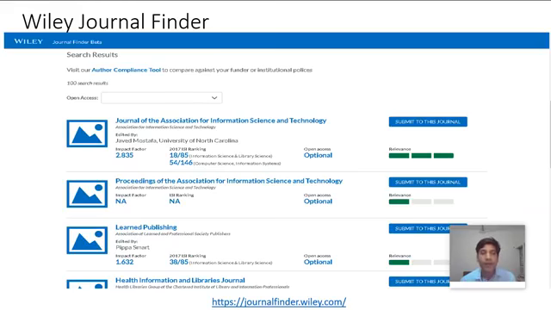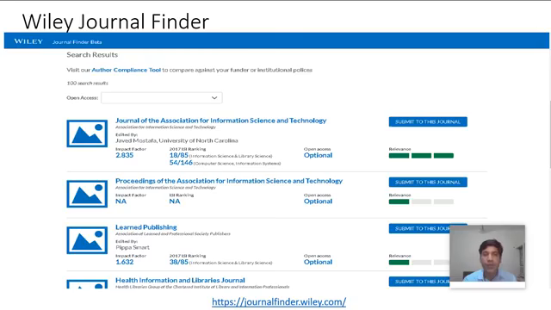Now, another publisher has developed a similar tool which helps researchers identify the right journal, the Wiley Journal Finder. And the steps for shortlisting the journal are almost the same. You just go to the Wiley Journal Finder, copy your title, paste it in the title box, paste your abstract, and when you press enter, it will again give you a list of shortlisted journals which are best suited for your publication.